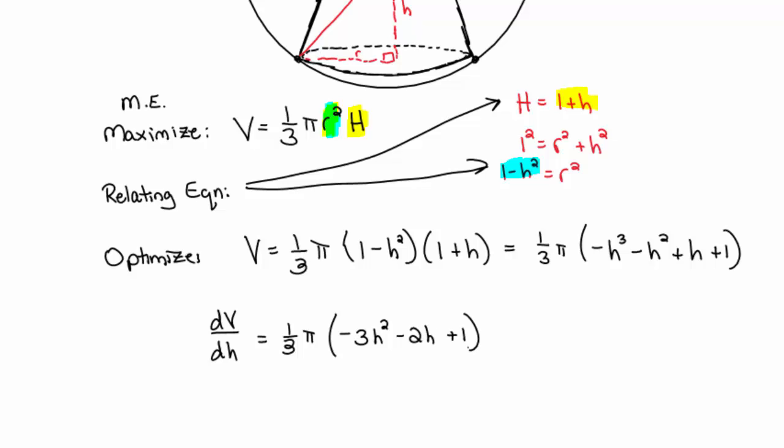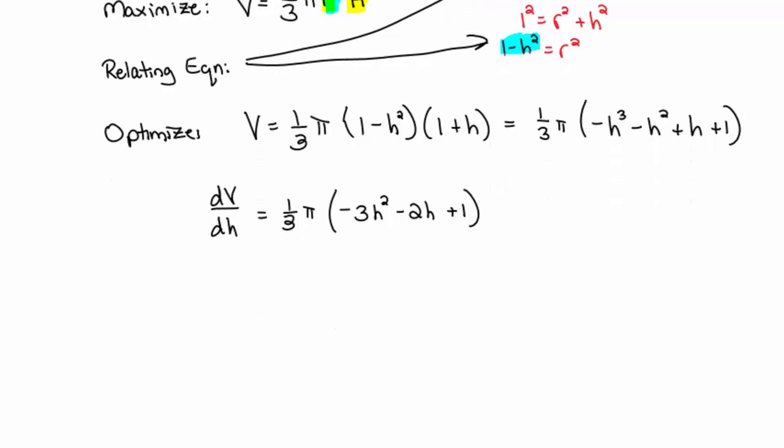Double check my mathematics there. So I happen to know that I have candidates for local maximums and local minimums when V prime is equal to 0. So V prime is 0 when this polynomial, negative 3h squared minus 2h plus 1, is equal to 0.